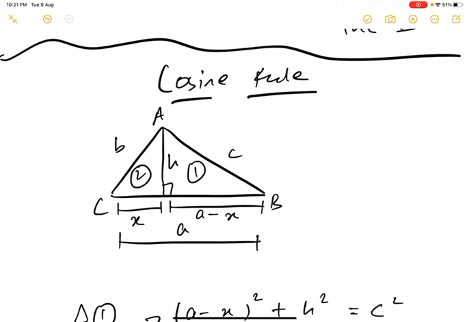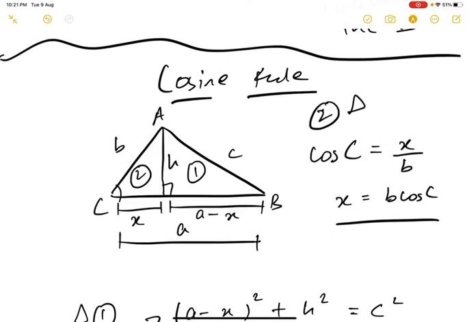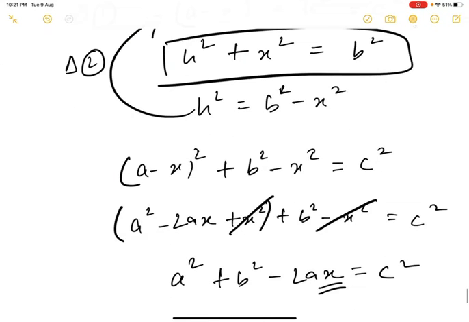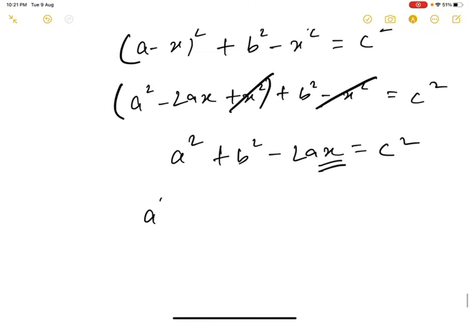What is x now? Now look at this triangle, second triangle. What is cos of C? Cos of C is going to be adjacent upon hypotenuse. So your x is going to be equal to b cos C. So this will be a squared plus b squared minus 2ab cos C is equal to c squared.